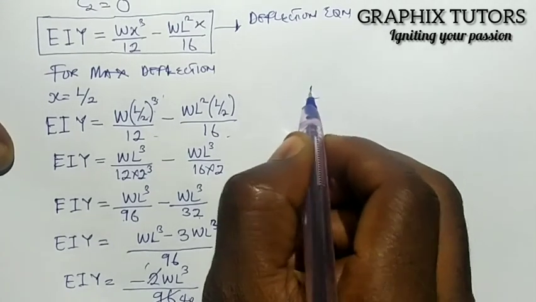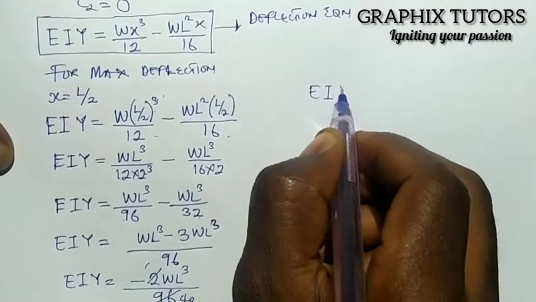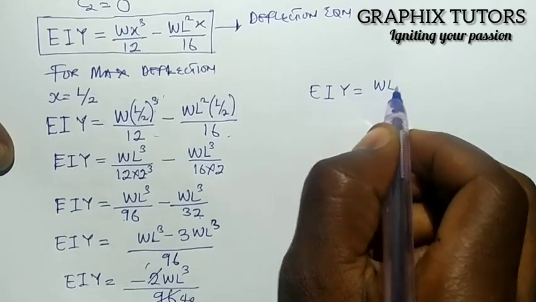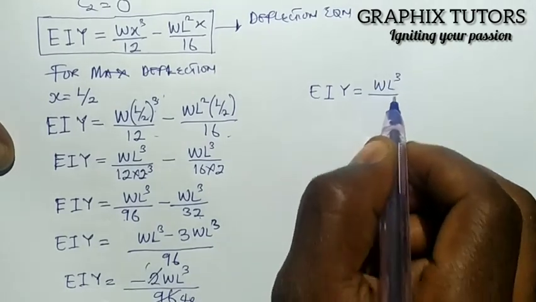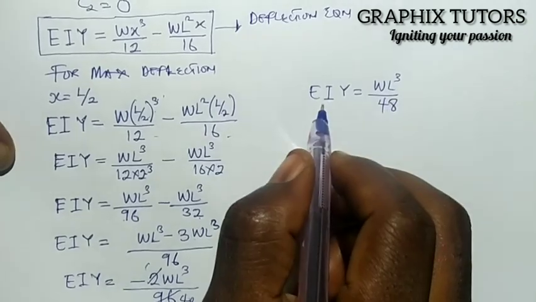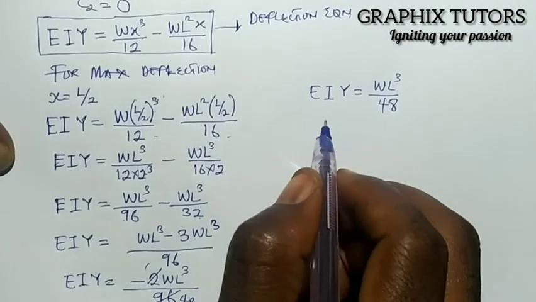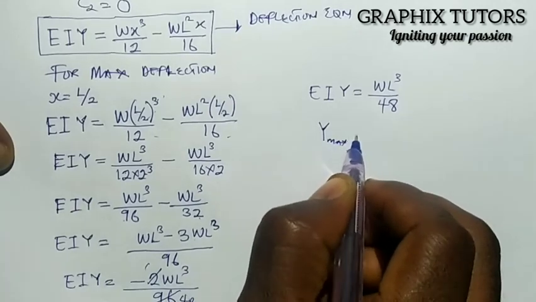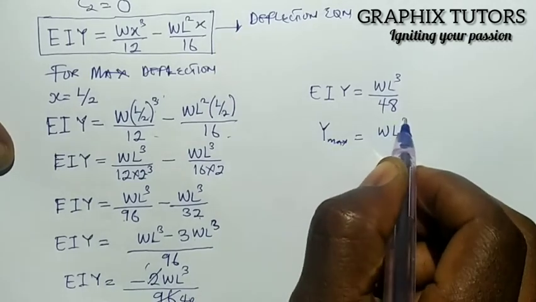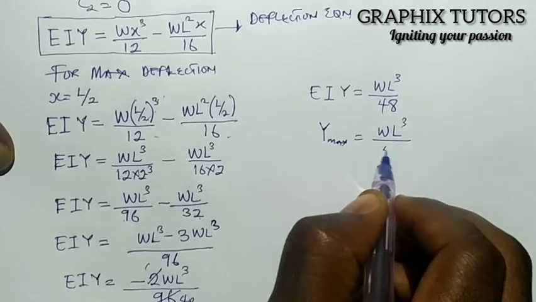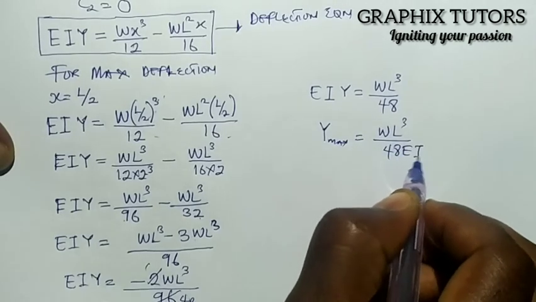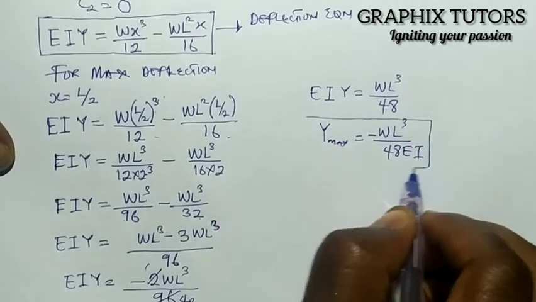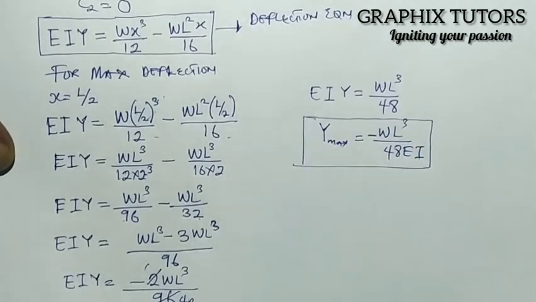So I will say that EI y is equals to minus wL cube over 48. If I divide through by EI, my y, which is the maximum, will give me minus wL cube all over 48 EI. So that is the negative there. So this is my maximum deflection of the beam.